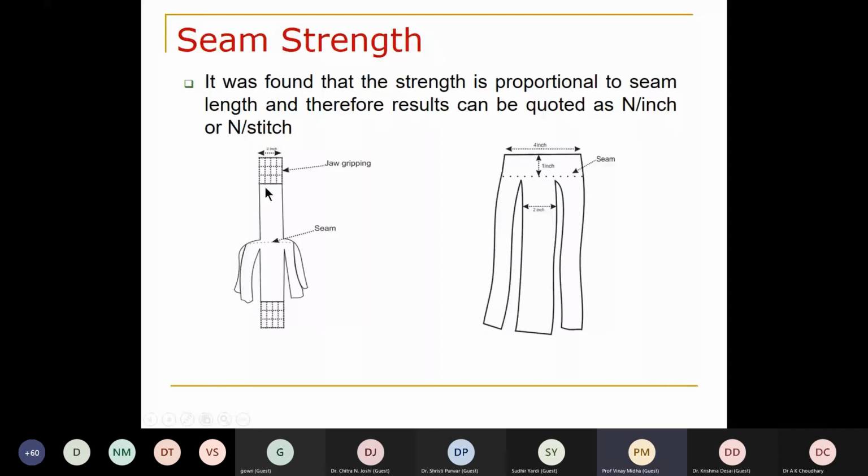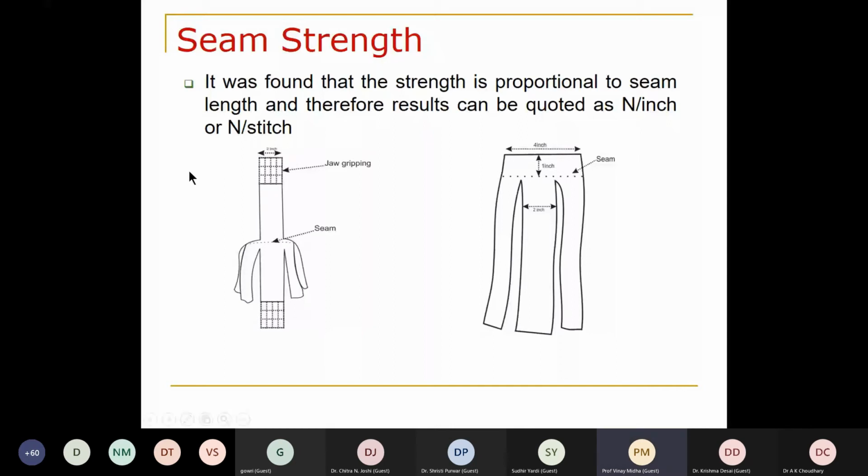And these threads are also playing a role during the breakage, during the loading. So they are restricting the unraveling of the thread, which may occur in case of the strip testing. And he found that the strength in this case is proportional to the seam length, the width which is being gripped.